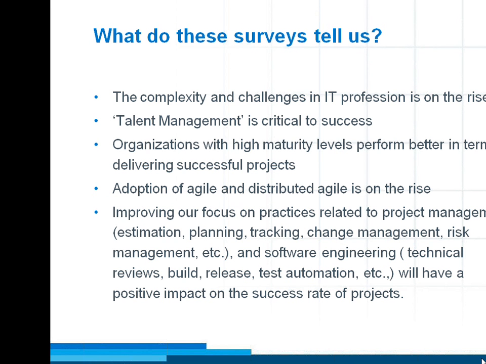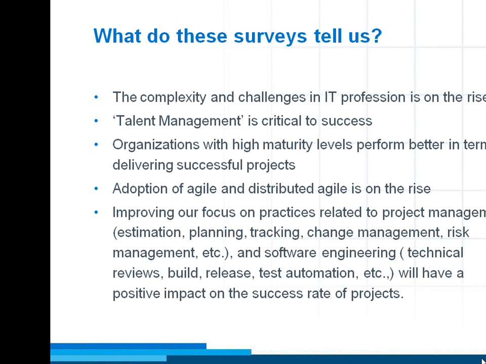What do these surveys tell us? Number one, the complexity and challenges in the IT profession are on the rise. Talent management is critical to success. Organizations with high maturity levels perform better in terms of delivering successful projects. And adoption of agile and distributed agile is on the rise.